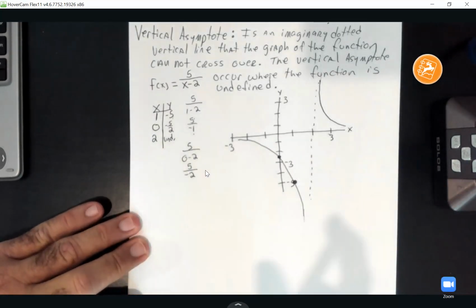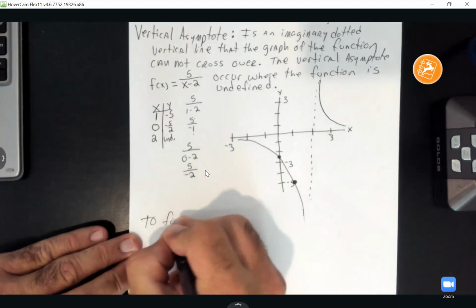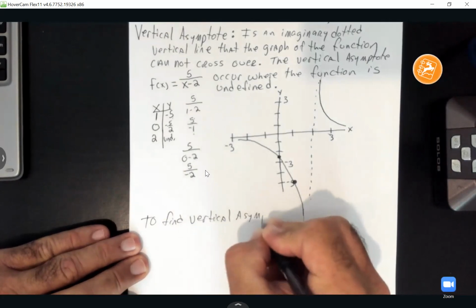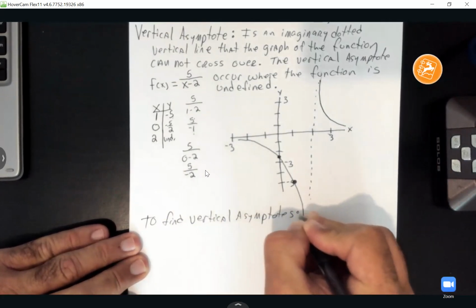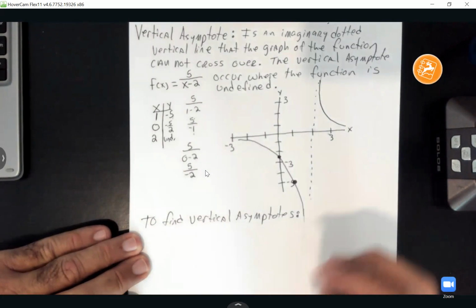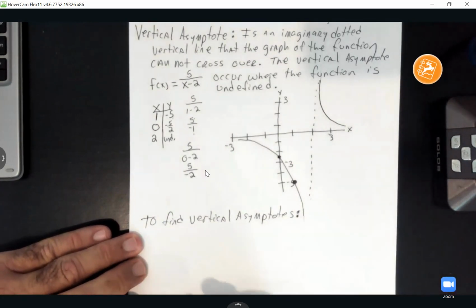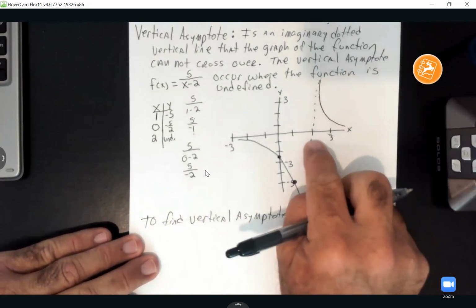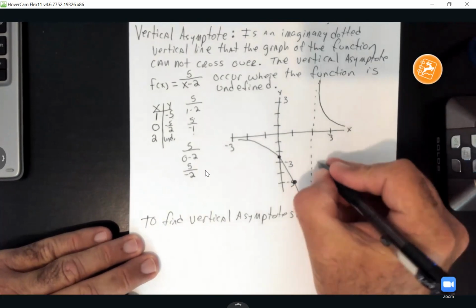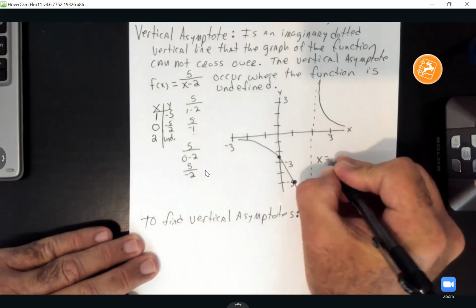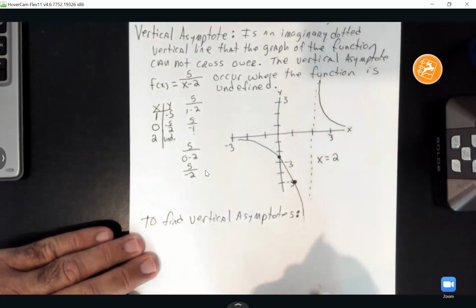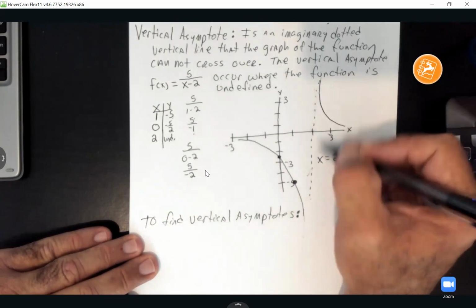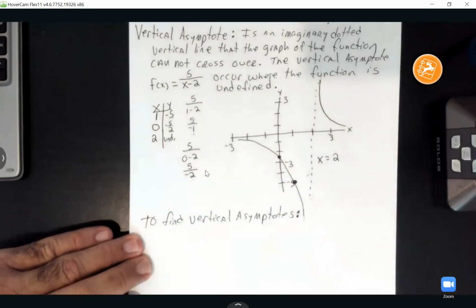Now, to find vertical asymptotes. Now, the thing about vertical asymptotes, when we write the answer, we got to write it as an equation. Like this one that I just did, since that vertical line occurred at the x value of 2, the imaginary dotted line would actually be x equals 2. So anything with an x value of 2 made that whole line undefined, okay?